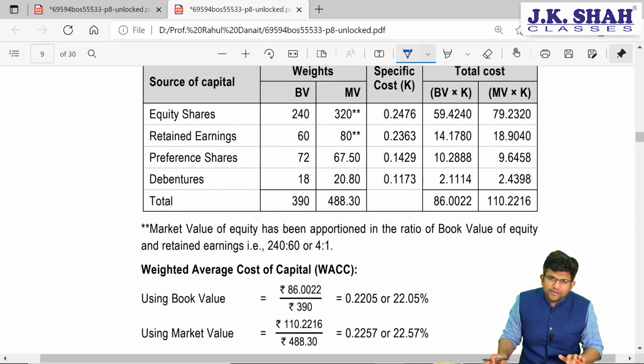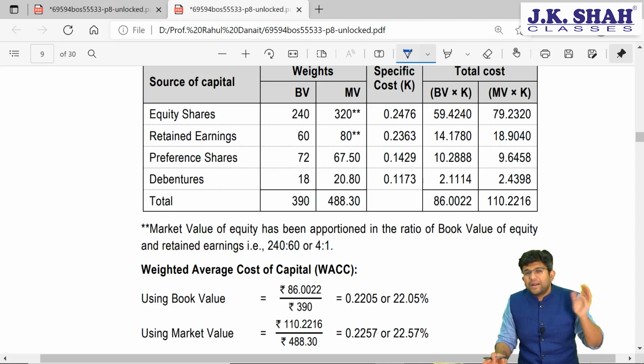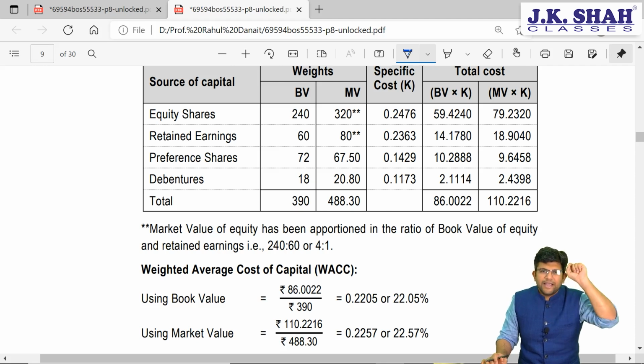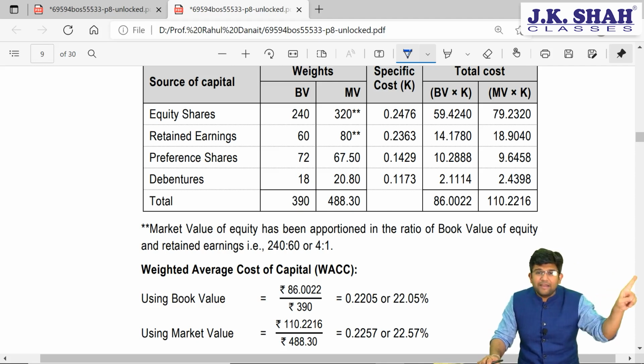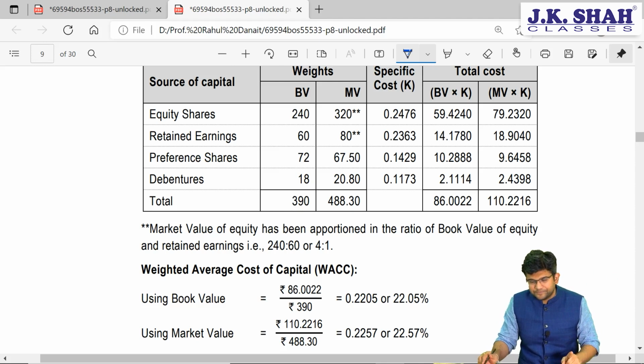Therefore, we never show reserves market value separately. But in this question, because KE and KR are different, please listen to me carefully. Because KE and KR are different, they are separate. Therefore, the institute is saying you cannot ignore the reserves even while doing market value weights.